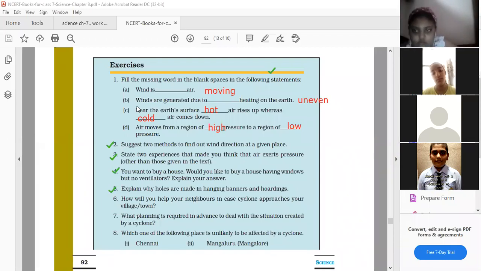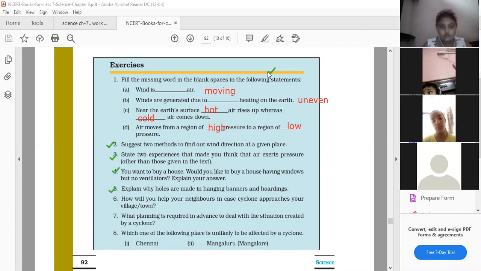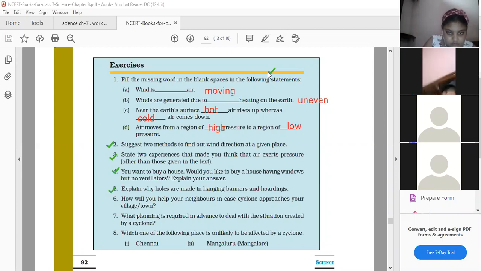Due to this pressure, the banner and hoarding flutter and turn out when wind is blowing fast. Okay, so holes are made in the banners and hoardings so that they should not be torn due to the higher wind air pressure.